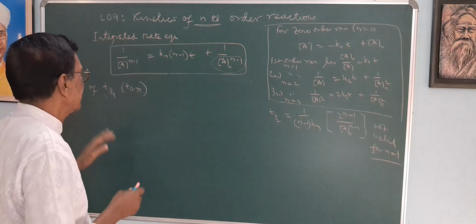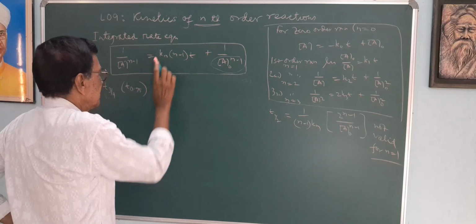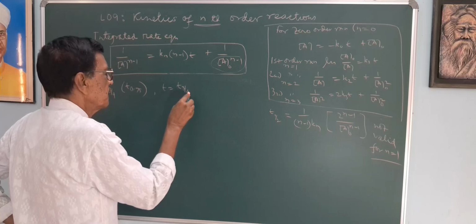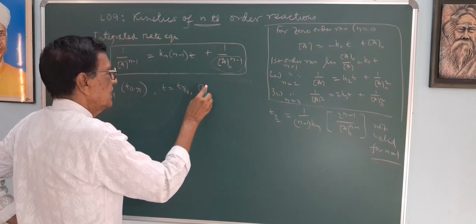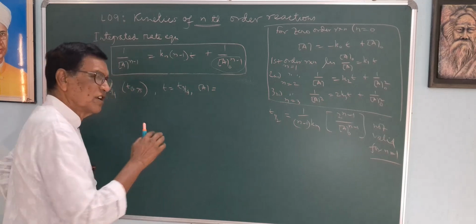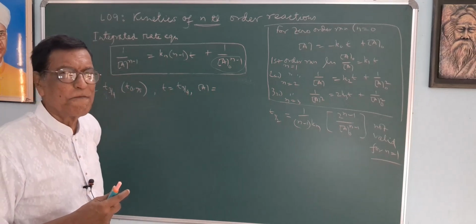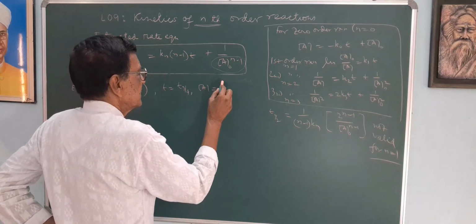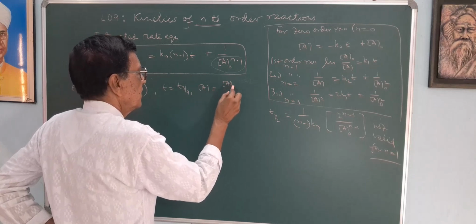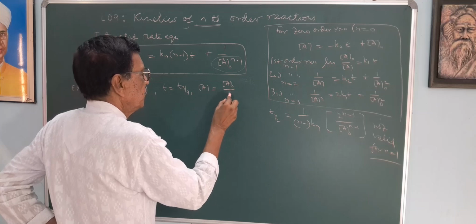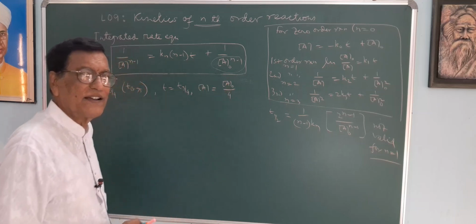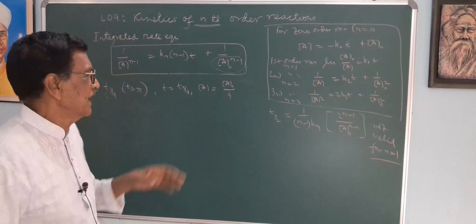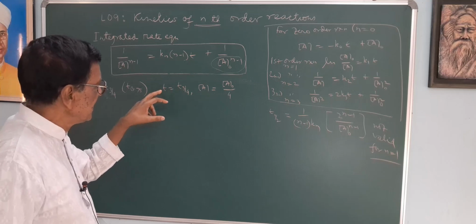When t equal to T3/4, 3 by 4 of A has already decomposed. So 1 by 4 is still remaining, that is the initial concentration A0 by 4. This one quarter of the initial concentration still remains to decompose after this time.